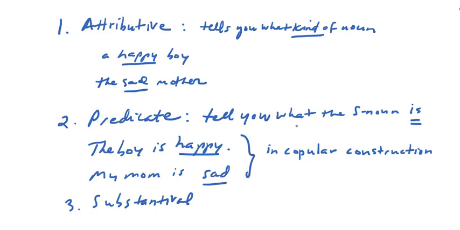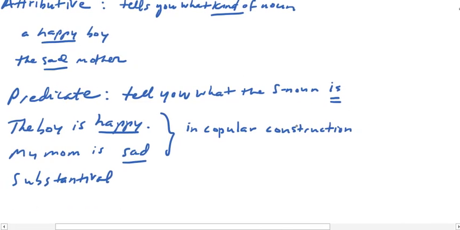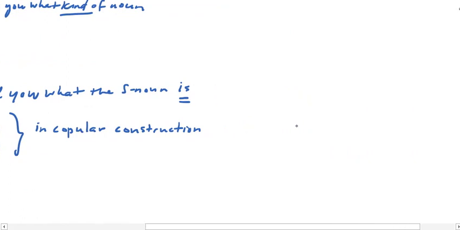Now, it doesn't mean that every time you have a copular construction, every adjective you see must be a predicate adjective. Let me give you an example of what I mean by this. The happy boy is tall. How many adjectives do I have in that sentence?